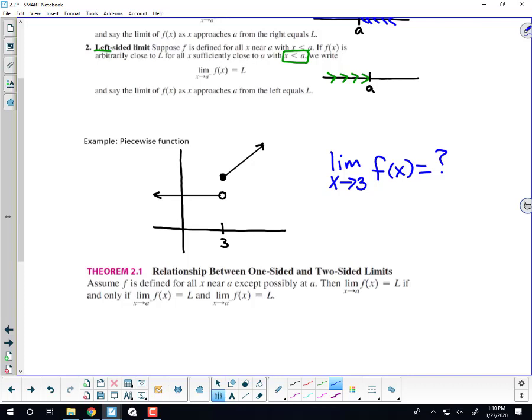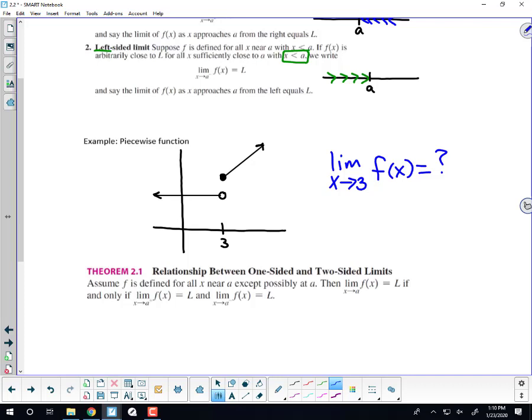So this theorem here tells us the relationship between a one-sided limit and a two-sided limit. And what it says is, it's actually saying four different things, but it says that the function's defined at all x values except possibly at a.